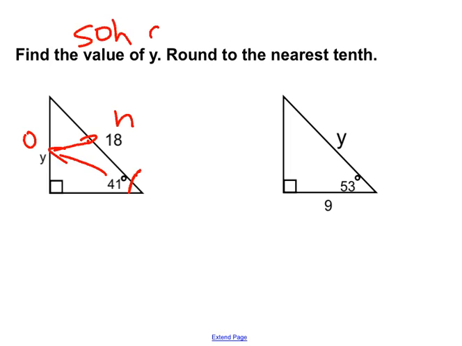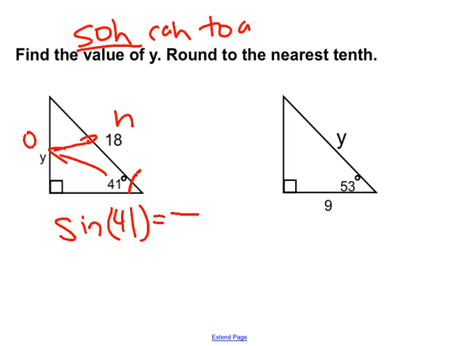So SOH, sine uses opposite over hypotenuse, so you're going to say sine of the angle. We actually know the angle measure this time, so we can plug it in. That's going to equal the ratio of the opposite to the hypotenuse. SOH tells you the order for your ratio as well. It's opposite first, then hypotenuse. Our opposite side is y and our hypotenuse is 18.